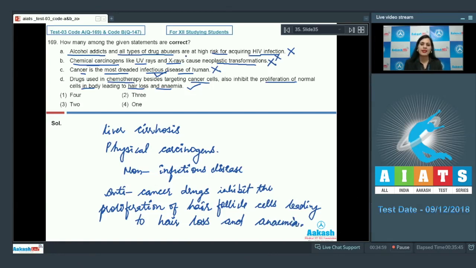So among the given statements, only one statement is correct. So among the given options, option number 4 is the correct answer to our question. Let's proceed to the next question.